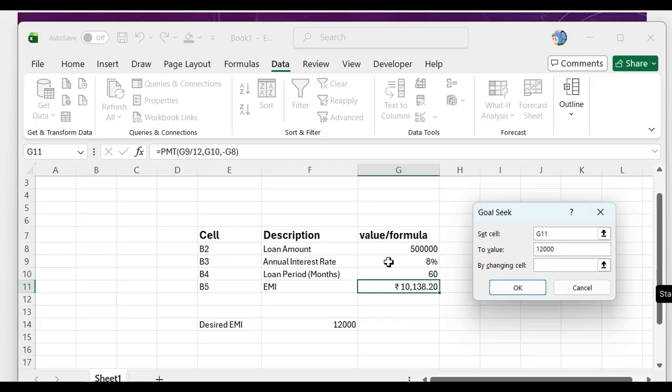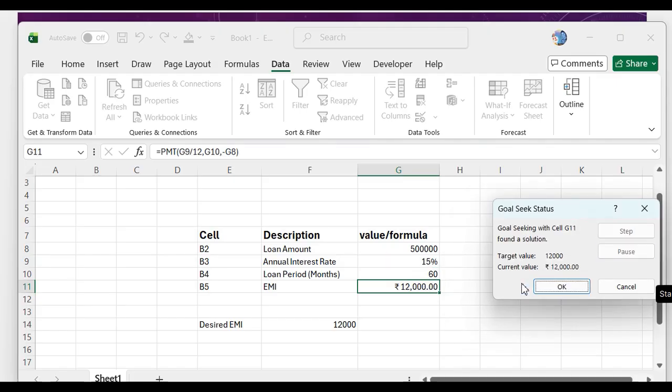Here I'm changing the interest rate. Then okay. See that, automatically it has been set. The annual interest rate is adjusted so that when you pay an EMI monthly of 12,000, suppose if you want to pay 15,000, then you have to set that by using GoalSeek. It automatically sets the values so it will reach our desired EMI of 12,000.